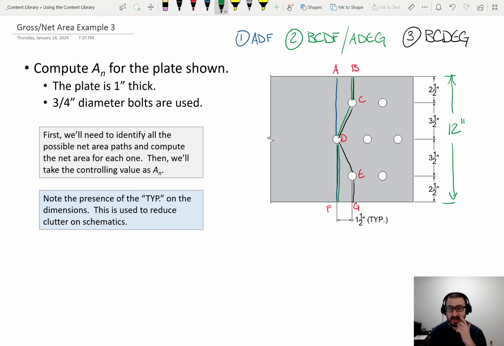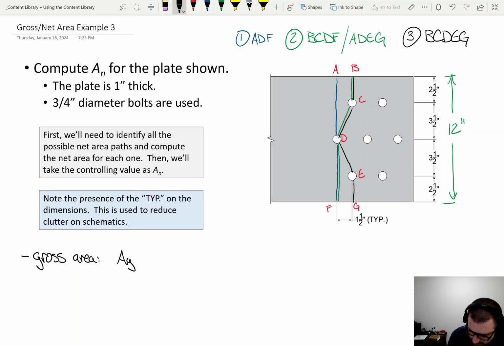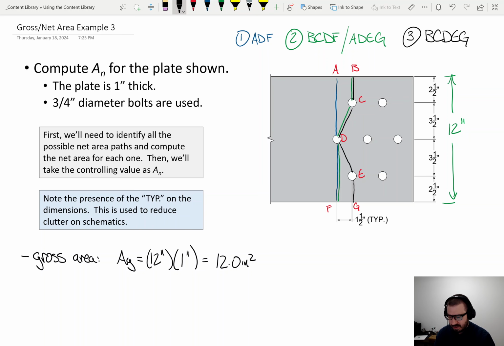Okay, and so if that dimension is 12 inches and the plate is 1 inch thick, we know that the gross area is, boom, right there. Okay, so before we move on, let's just have that down.